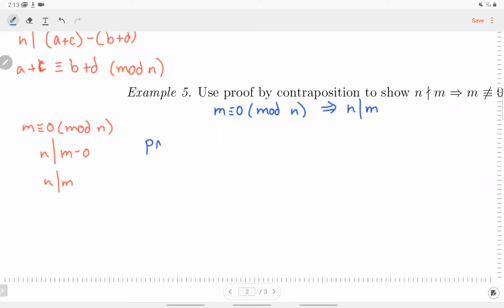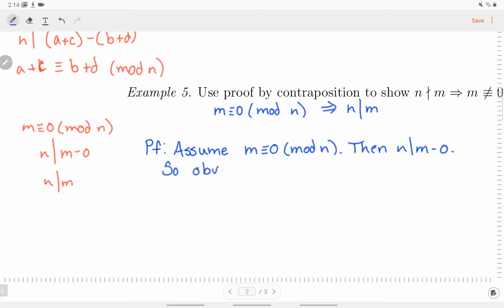So proof, assume m is congruent to 0 modulo n, then n divides m minus 0. So obviously n divides m.